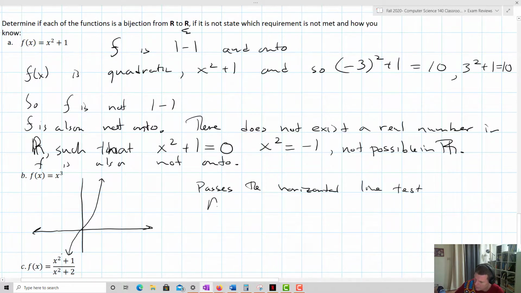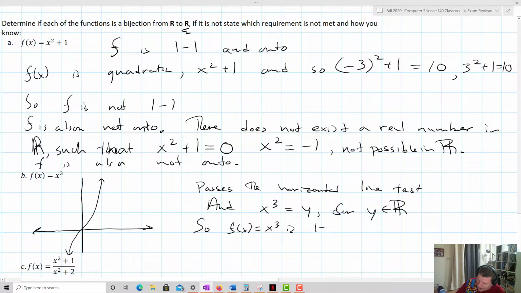And x cubed equals y for y belonging to all the reals, so we can find all the reals. So f of x equals x cubed is 1 to 1 and onto, meaning it is both an injection and a surjection. So f is a bijection.